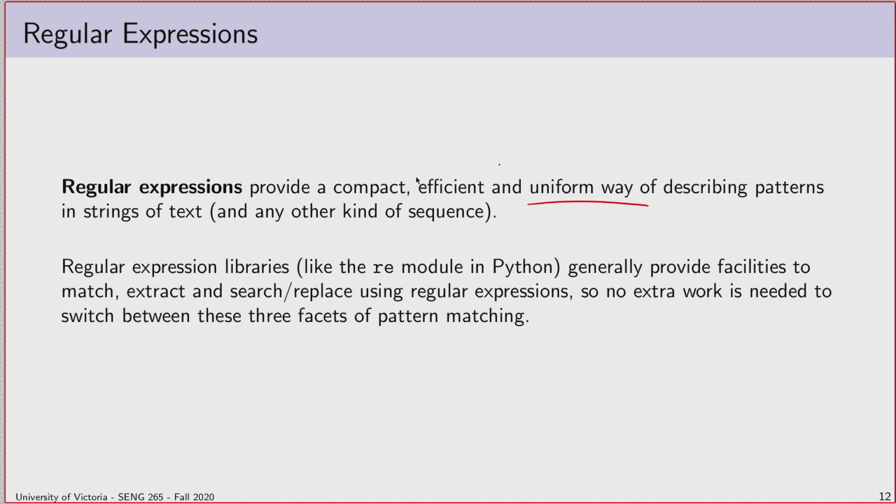And they are efficient because you write the pattern and you leave it to some library to figure out how to deal with that pattern. And as usual with libraries, if you can trust the library is doing things correctly, that means you, the average everyday programmer, don't necessarily have to worry about these thorny issues of things like complexity. So I'd say it's all three of these things, but uniform is a big deal.